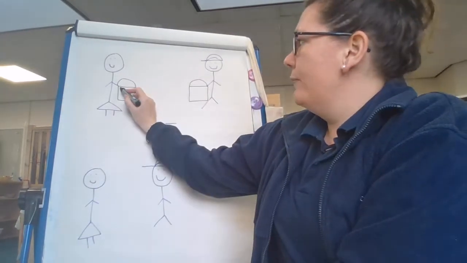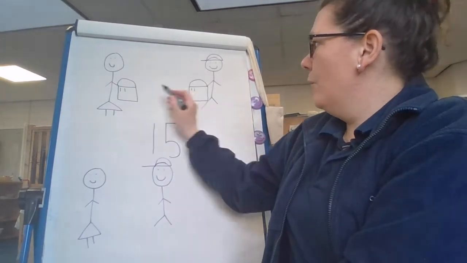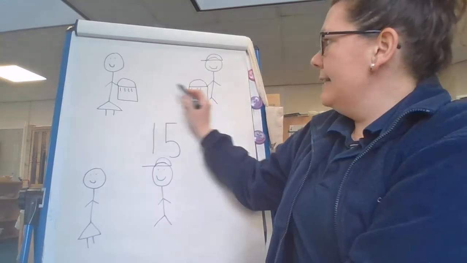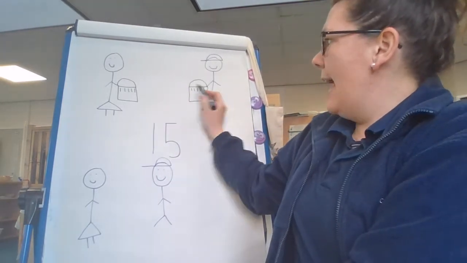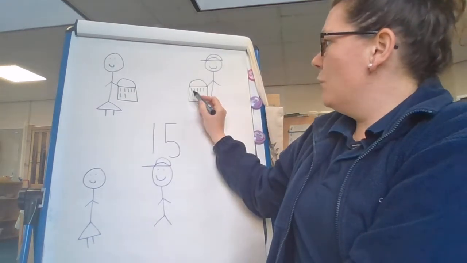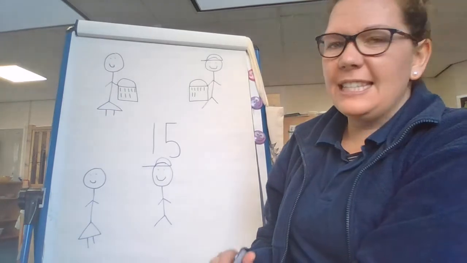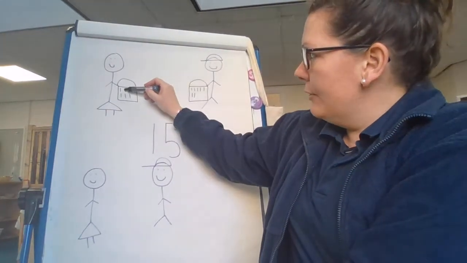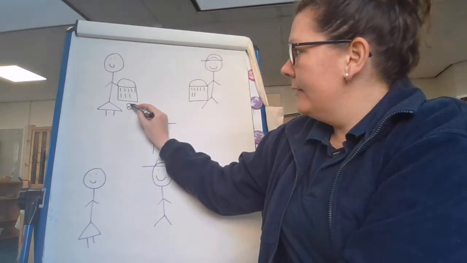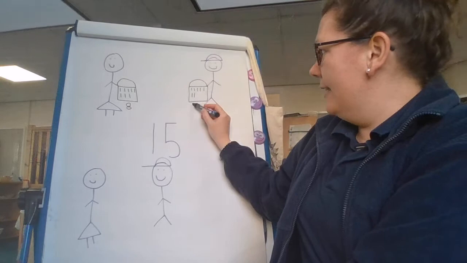Ready? So one for you. 1, 2, 3, 4, 5, 6, 7, 8, 9, 10, 11, 12, 13, 14, 15. Now we need to see if they've got the same. 1, 2, 3, 4, 5, 6, 7, 8. 1, 2, 3, 4, 5, 6, 7.